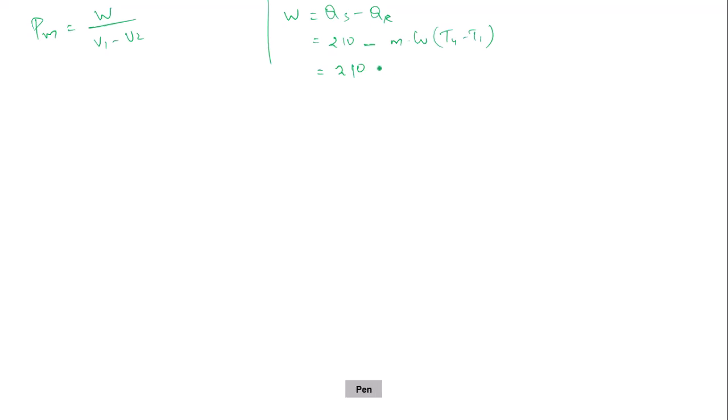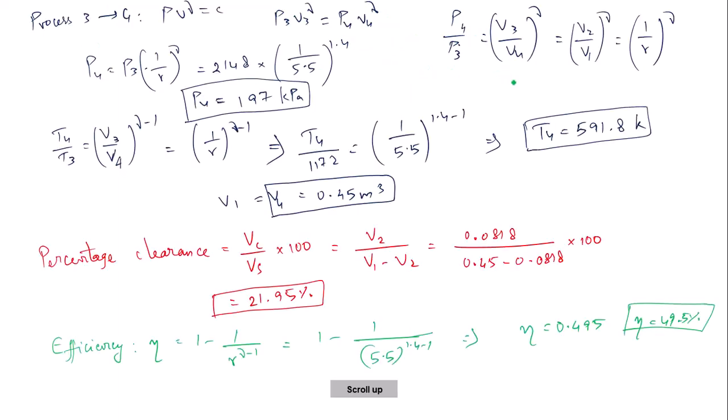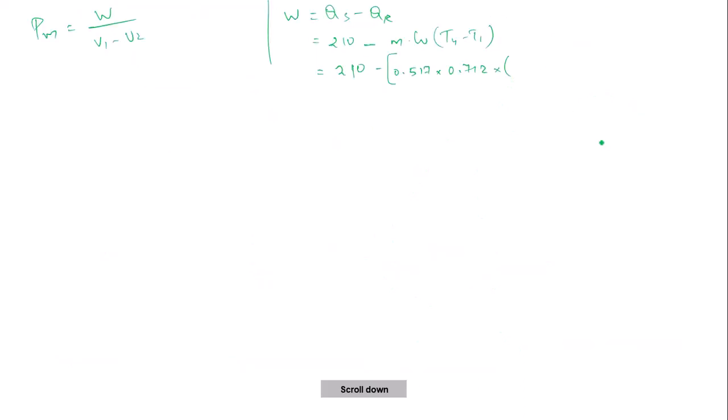Now the value of 210, substituting the value of m, 0.517, I think so, right? CV is going to be 0.712, and T4 we have estimated in the previous step, right? T4 was 591.8 Kelvin, minus the initial temperature, which is going to be 303 Kelvin.